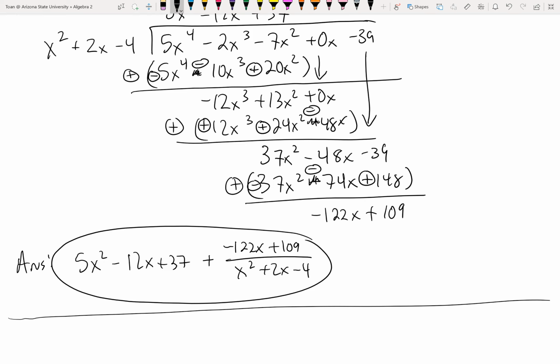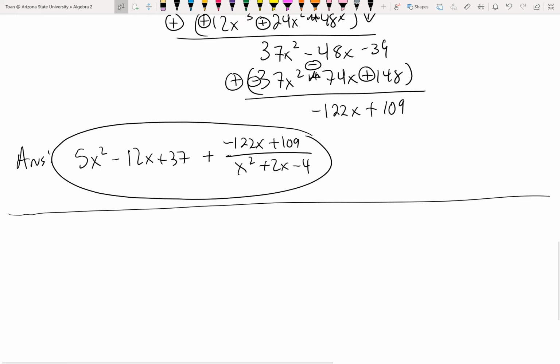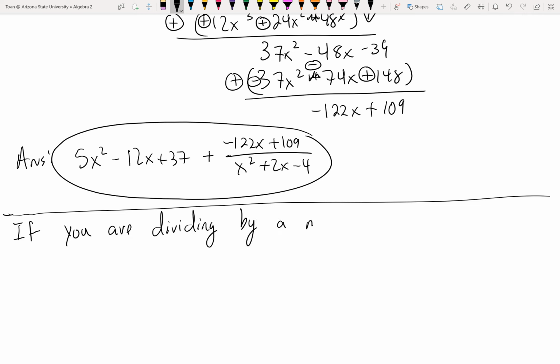Now, for every long process, there has to be a shortcut. Indeed, there is a shortcut, though. If you are dividing by a monic linear factor or term, and monic linear factor is just a fancy way of saying x plus a number or x minus a number, right?